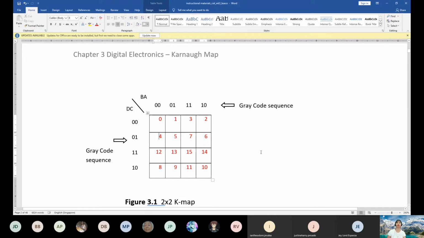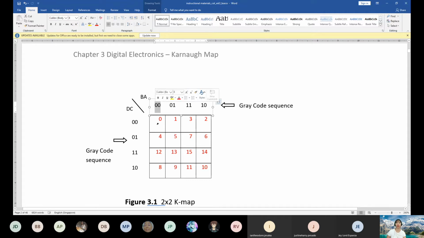So min-term or max-term 0 is equivalent to 0 0 0 0. So this is what this square means. This square is an intersection between row 0 0 and column 0 0.